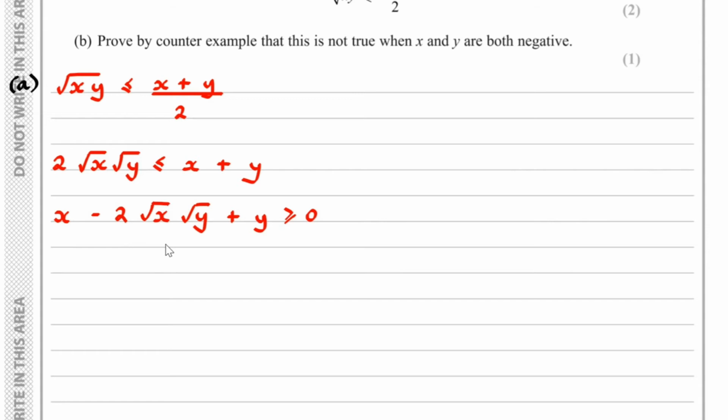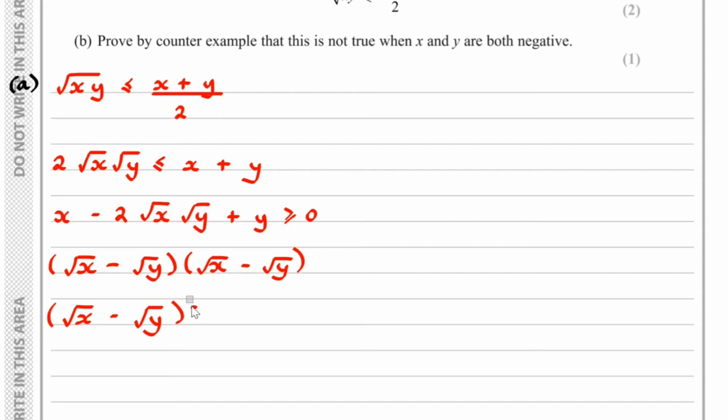We've got a perfect square here. We have square root x minus square root y multiplied by square root x minus square root y, which is the same as square root x minus square root y, all squared.